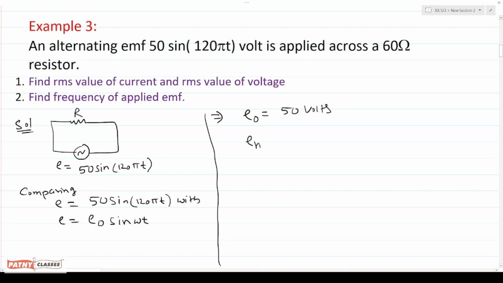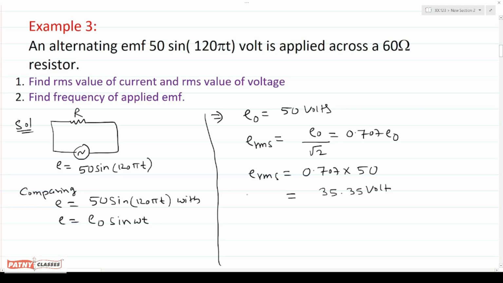Now E RMS is given by E naught upon root 2, that is equals to 0.707 into E naught. Therefore E RMS equals to 0.707 into 50. So when you multiply this, you will get 35.35 volt. So we got E RMS equals to 35.35 volt.